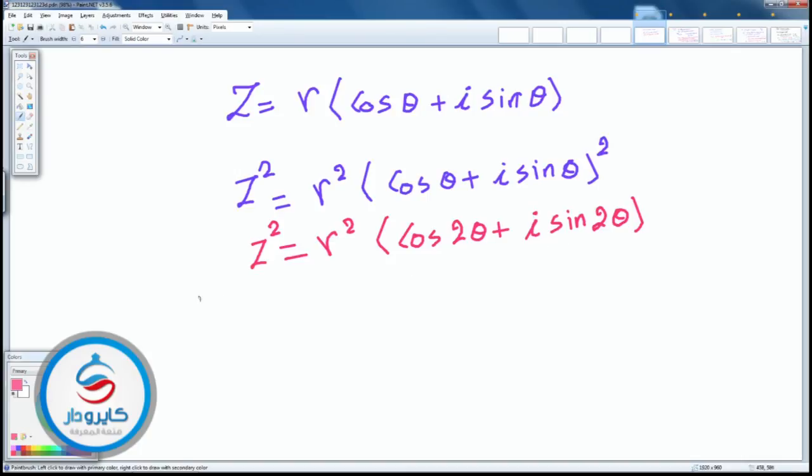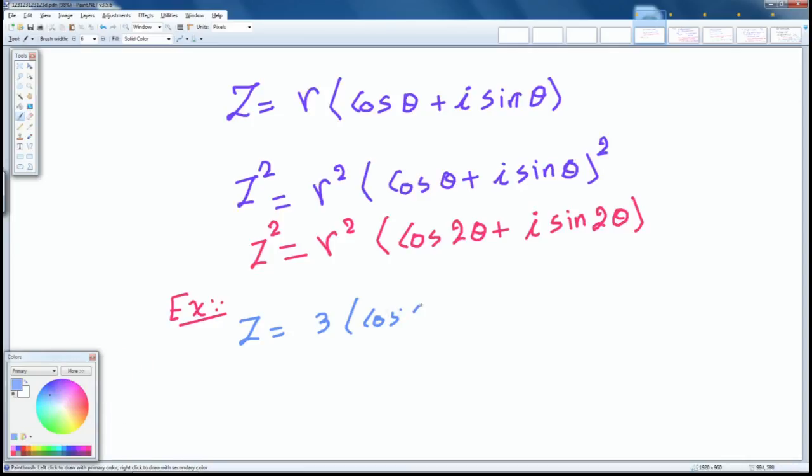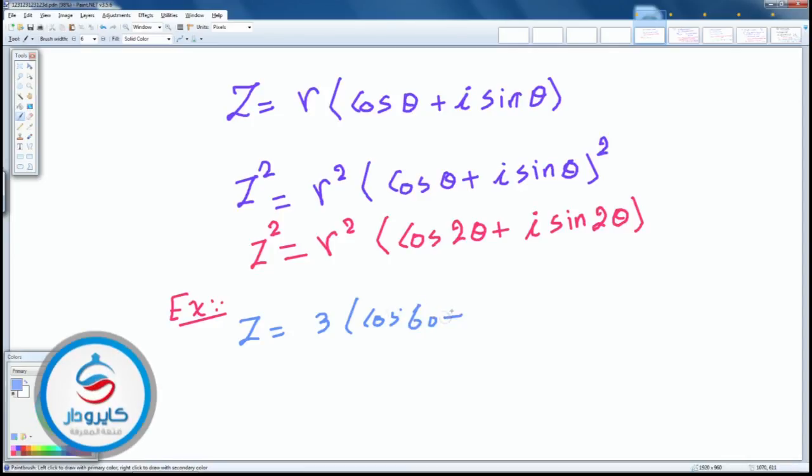Let's take a numerical example together. If we have z equals 3 cosine 60 plus I sine 60, find z power 2.